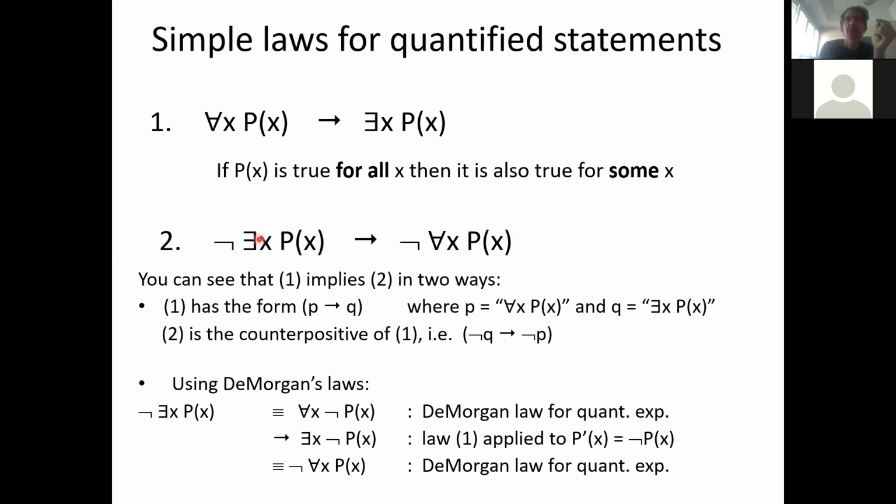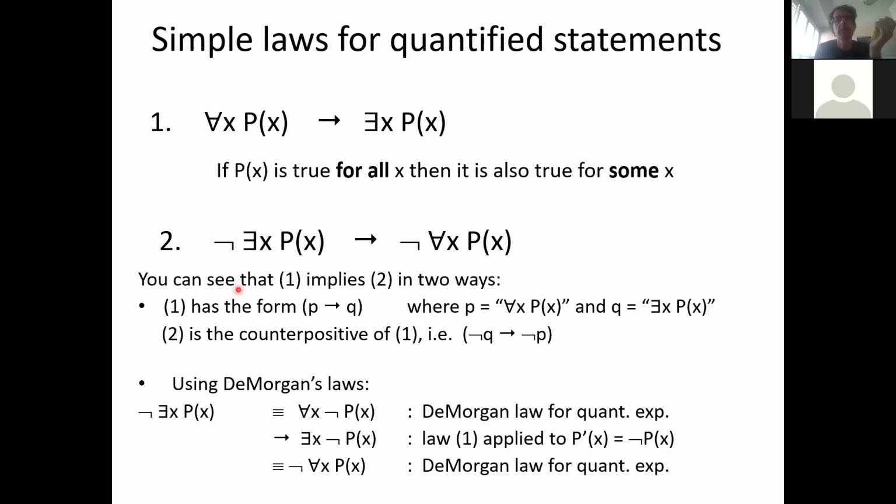Actually, you can see this is true by putting it in contrapositive form, because this is an implication of the form P implies Q. The contrapositive, which is equivalent, says that not Q implies not P. This is exactly not this part, and this is exactly not this part. So you can see that statement 2 follows from statement 1 by contrapositive.